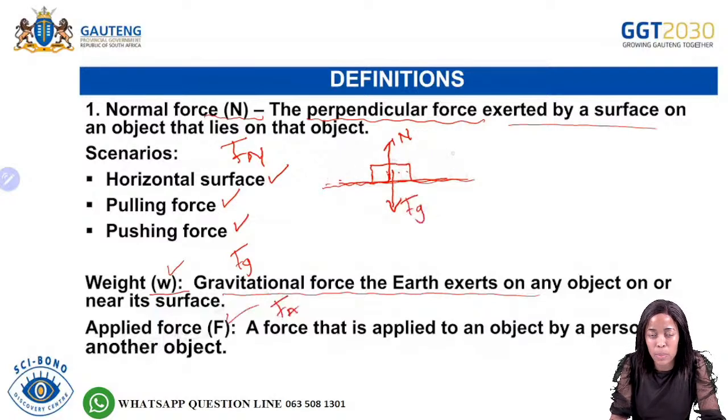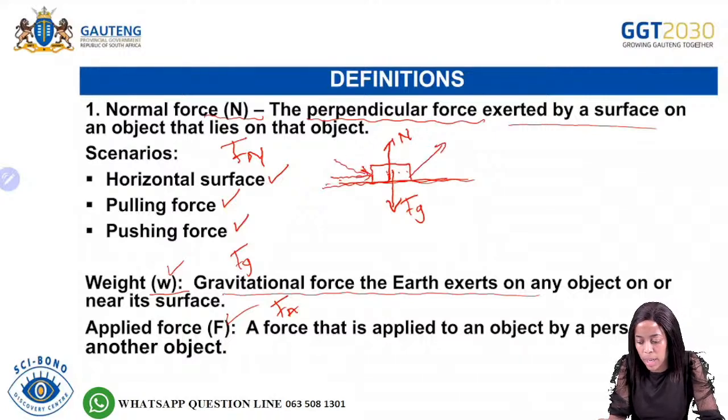And again, for the applied force, we can have different scenarios as well. The applied force can be applied horizontally, or you can have the applied force whereby you have the pulling force, or you can have the applied force where you have the pushing force, that is at an angle.